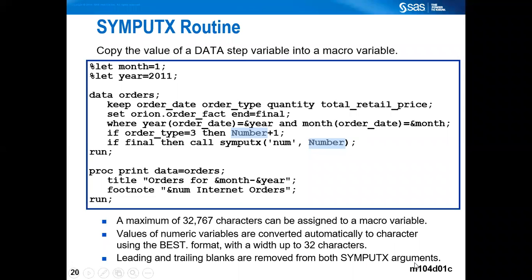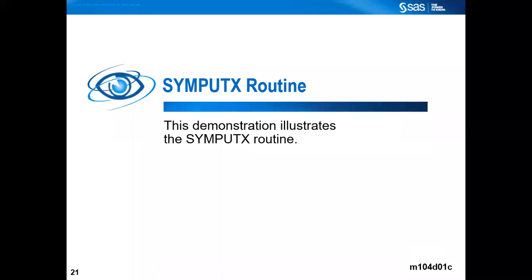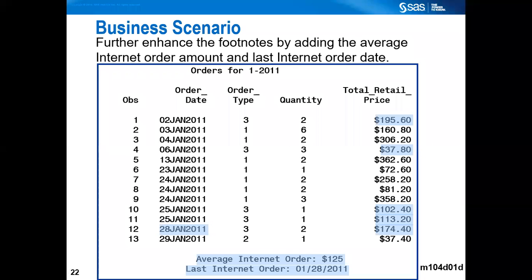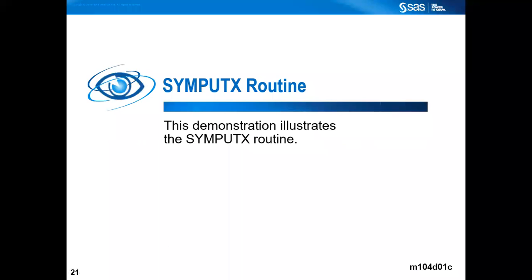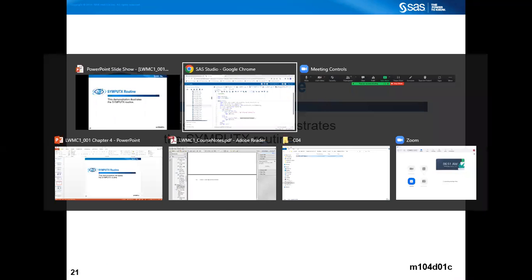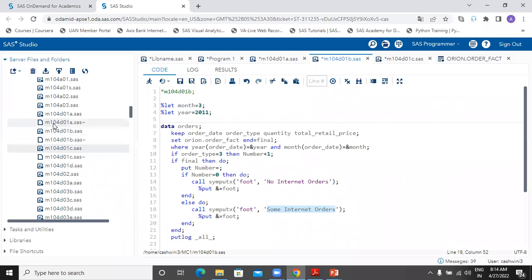It's the same as how we create with %LET. That's it, and a demonstration D01C. So I would request you to go ahead and work out demos D01A, D01B, and D01C. Chapter 4, D01A, B, and C. Go ahead and work on this.